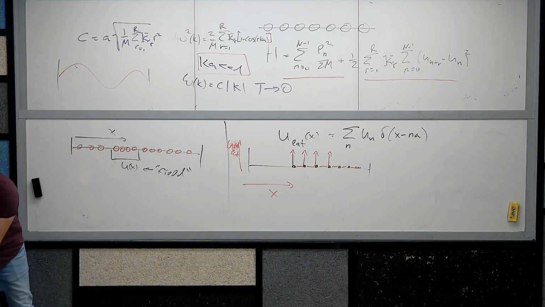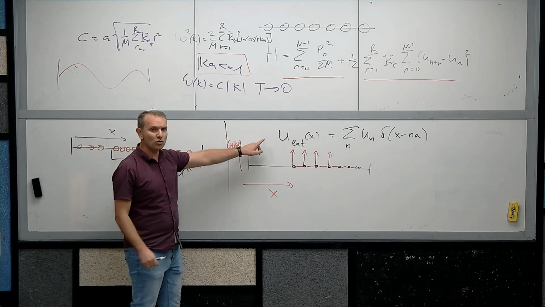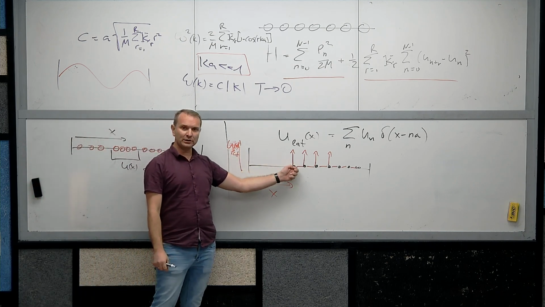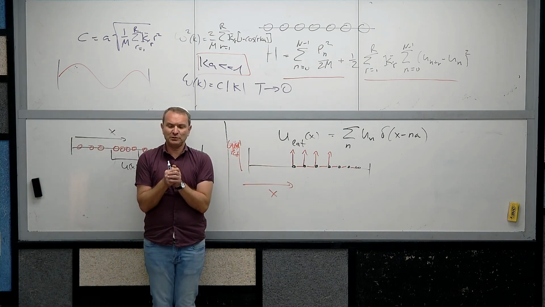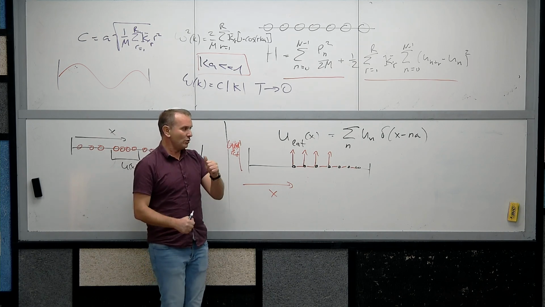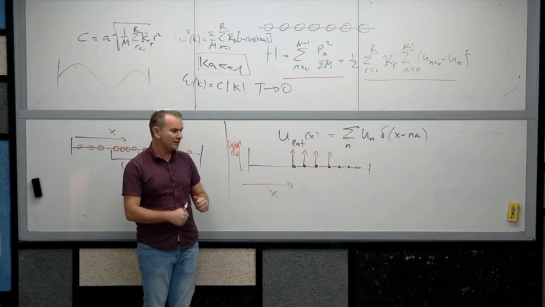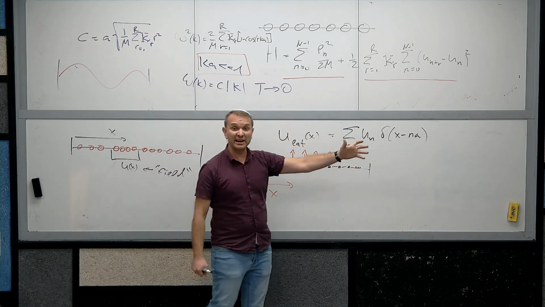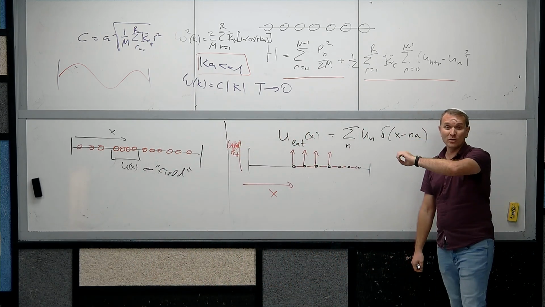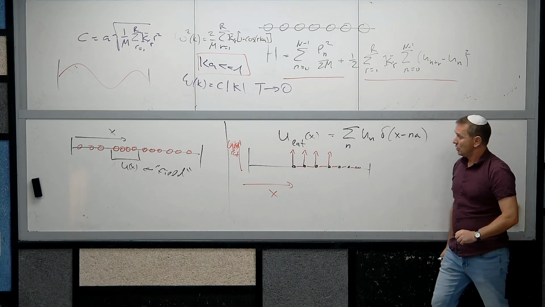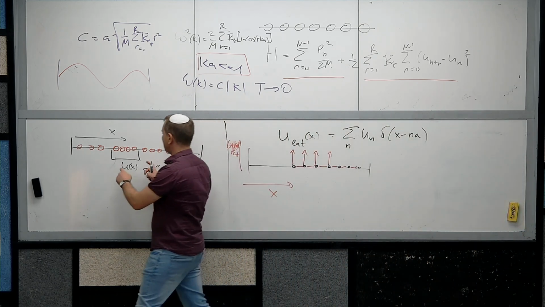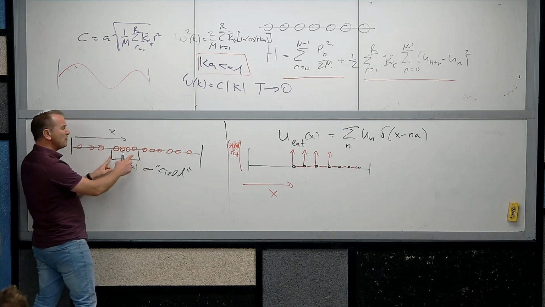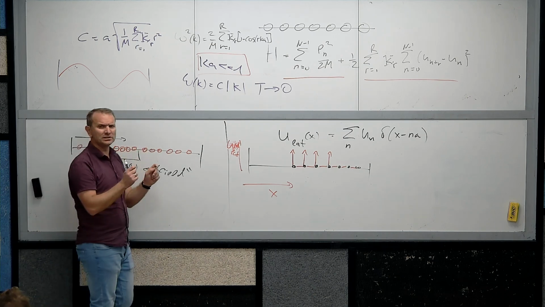Now, when I have written my field in this form, I haven't neglected anything. For each particle, and particles are sitting just in specific positions, they can go a little bit to the left or a little bit to the right, but for each different particle, I have a contribution, and all the particles are accounted for, and I know exactly where all the particles are located. The field is created by the following procedure. I don't really want to know where all the particles are.